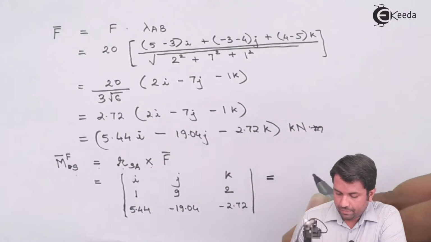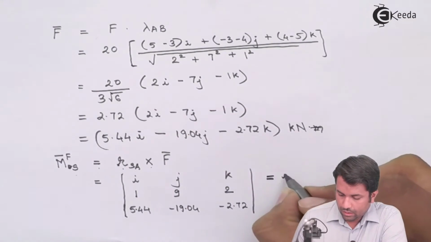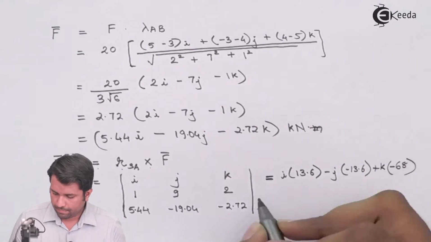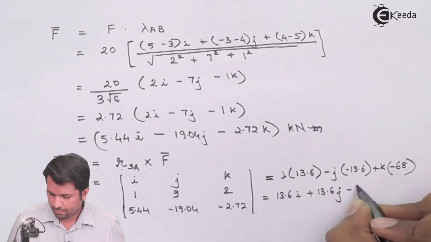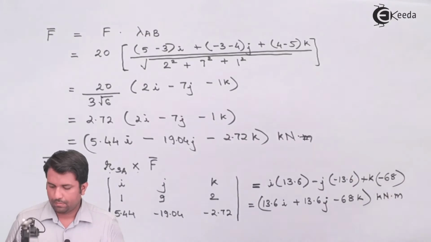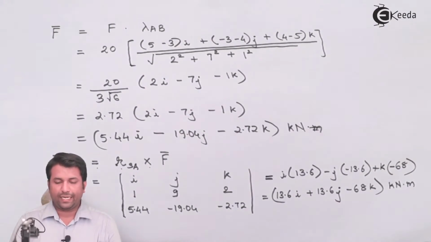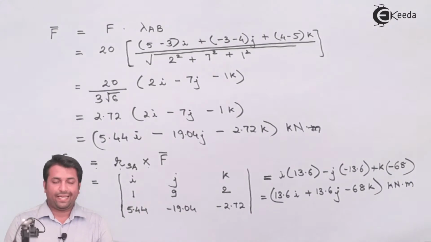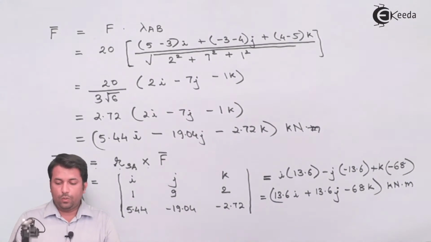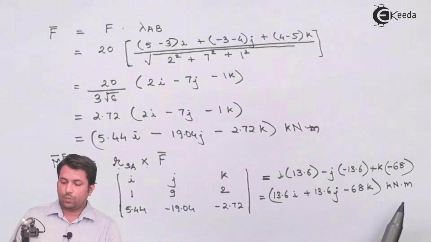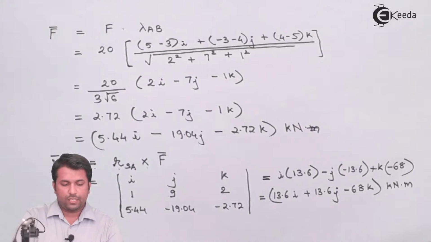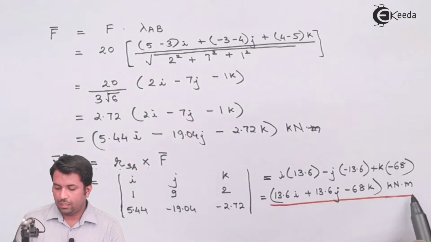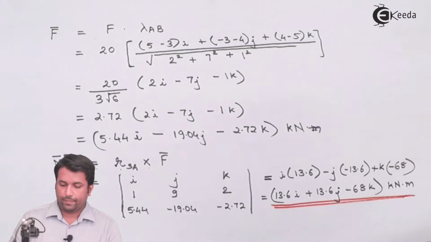So this will be... I have got the moment vector for the force with respect to point S. Now the moment vector is over here. All I need to do is now find the unit vector of the line.